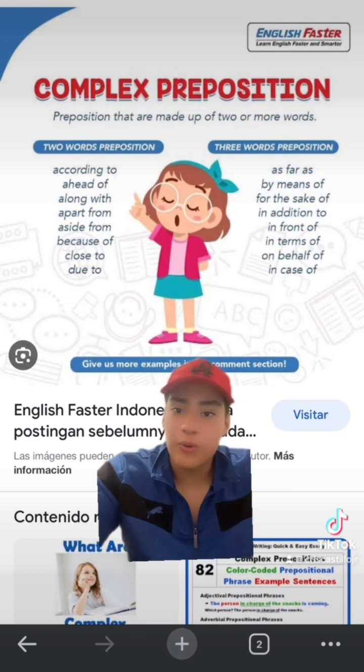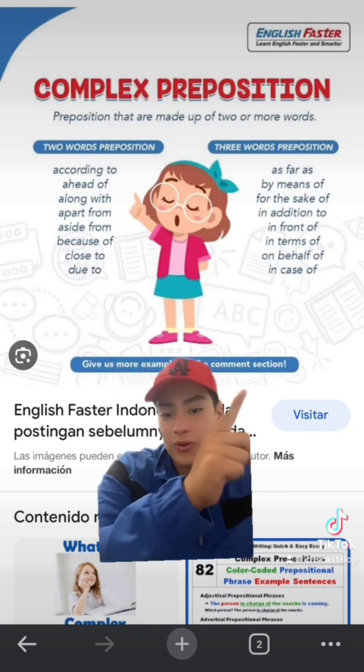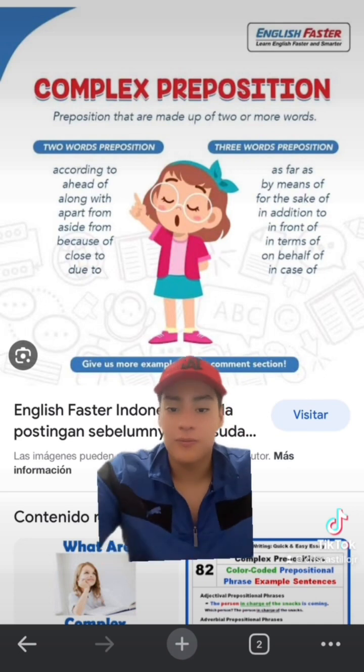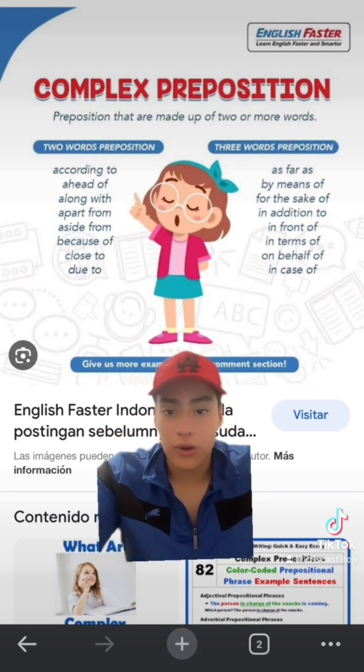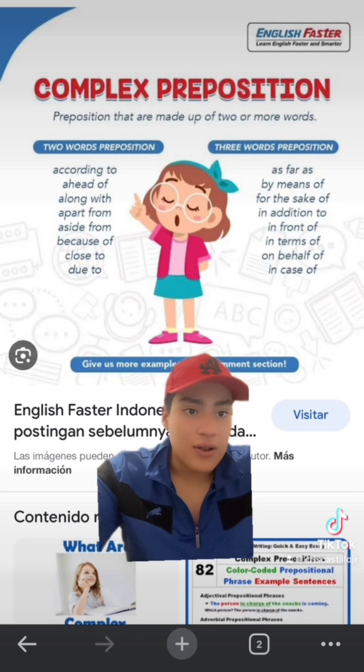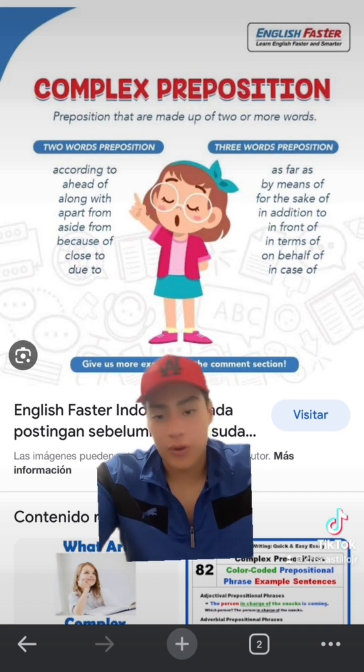For example, here we have prepositions with 2 words or prepositions with 3 words. We are going to review both of them. For this example we are going to use according to as an example of a 2 word preposition. This complex preposition introduces a source or reference point for information or opinions.